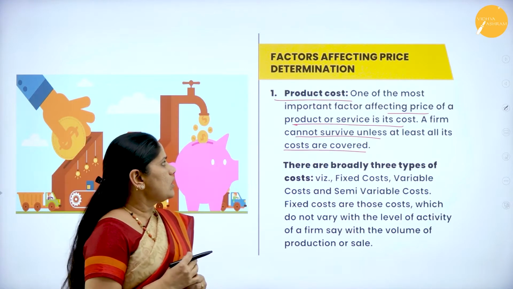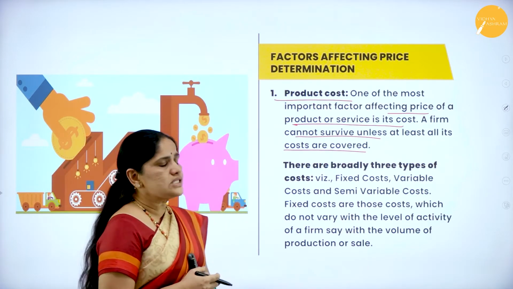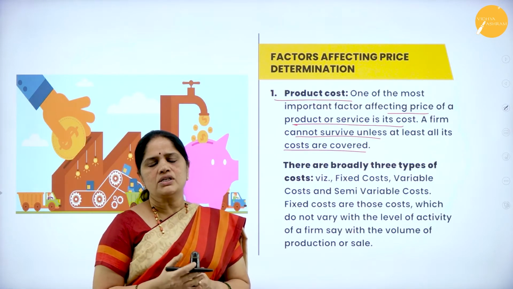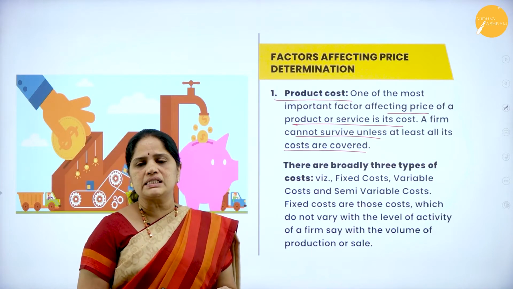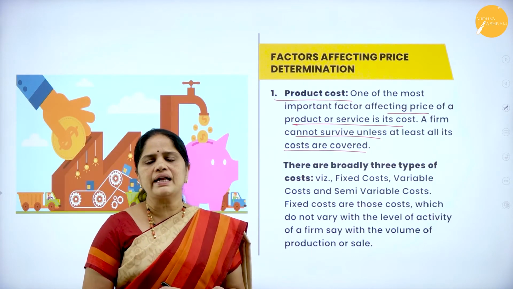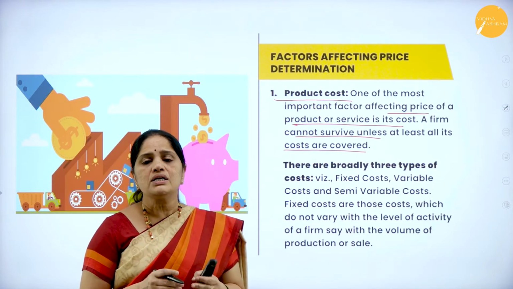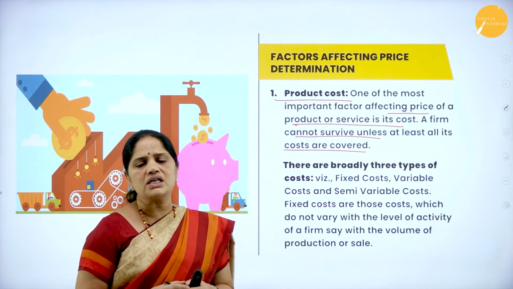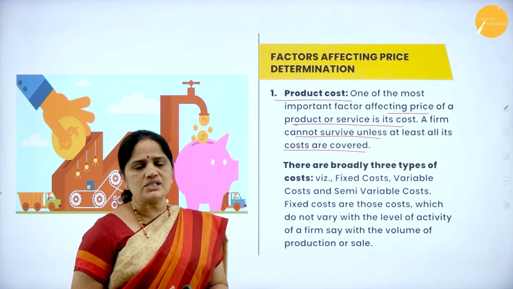So, product cost is one of the most important factors affecting the price of a product or service. So, what is the cost of manufacturing? What is the cost of raw materials, the labor and the power and all other things which have gone into the manufacturing of the product? So, the actual cost of the product will be the main deciding factor of the price of a product.